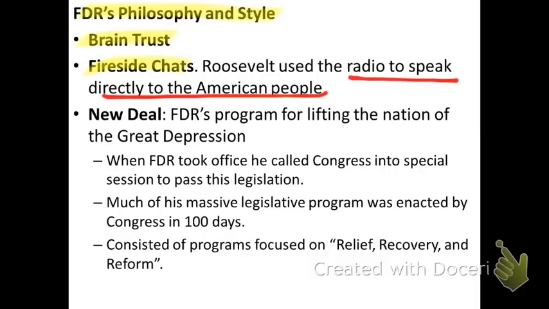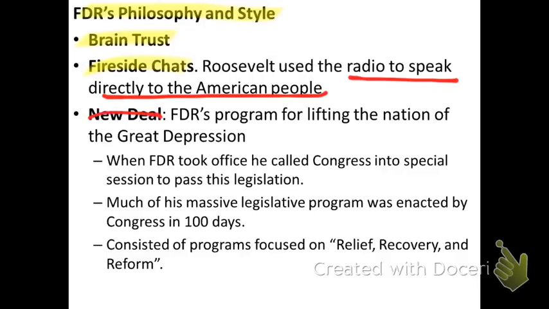For that reason, and really no other, though there are other good things that came out of the Fireside Chats, his sense of optimism, his belief that America will be great again, buoyed the spirits of the American public. And for another reason, the Fireside Chats were very successful because of that.